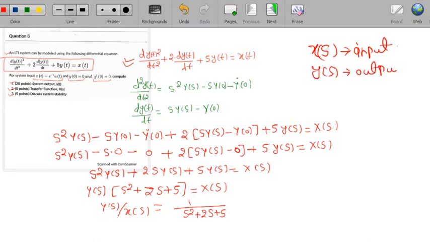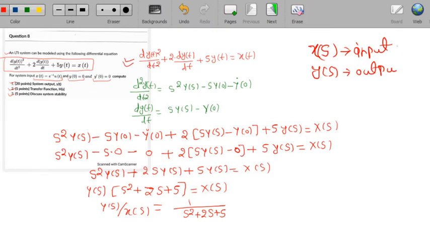Output upon input in the Laplace domain, when all initial conditions are 0, is called the transfer function H of s. So we get H of s here, the first part of this question: 1 upon s square plus 2s plus 5.